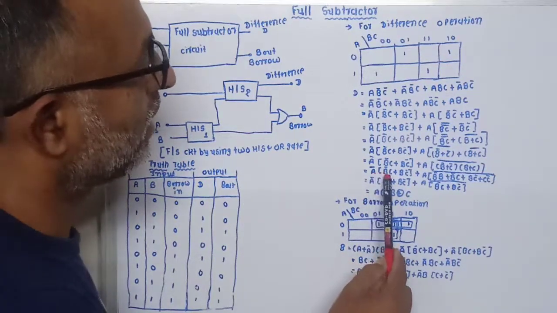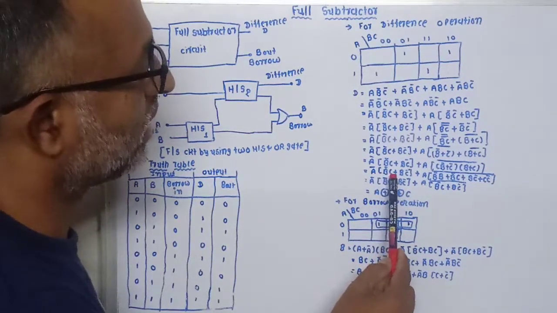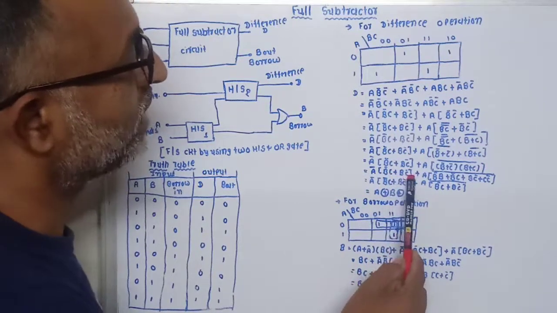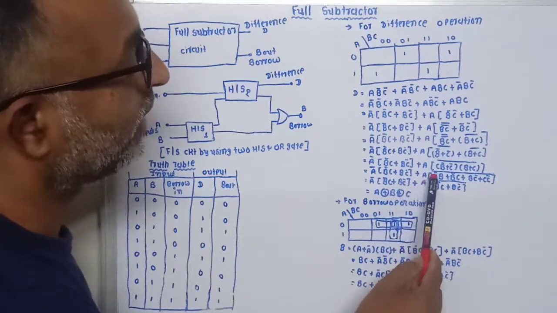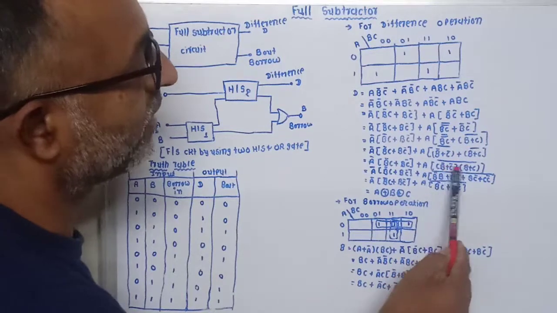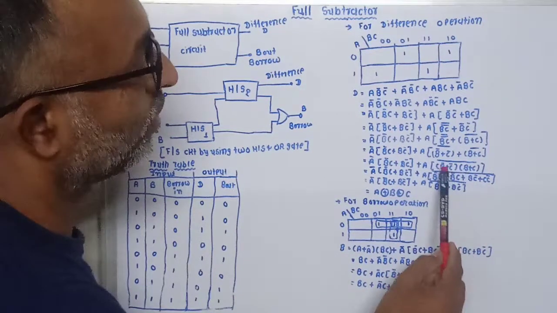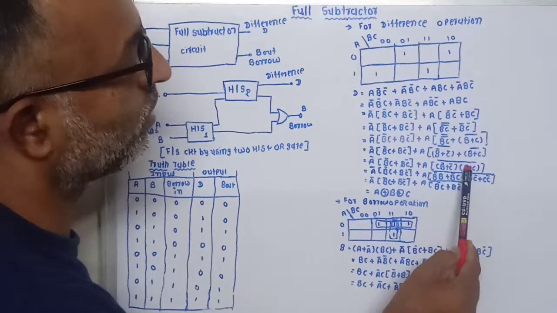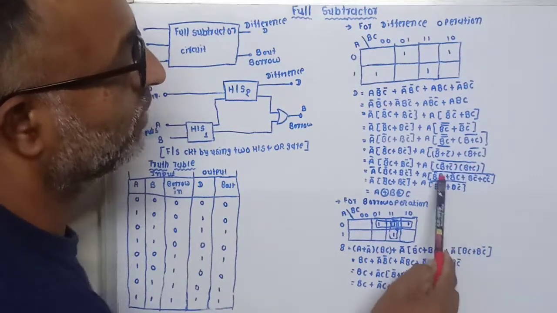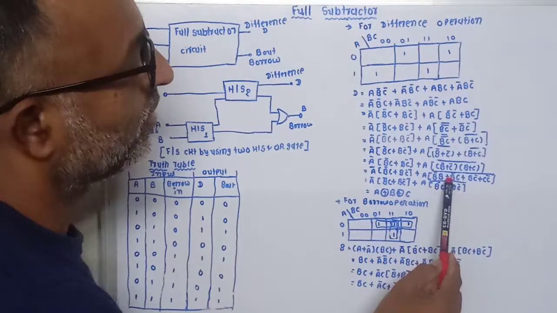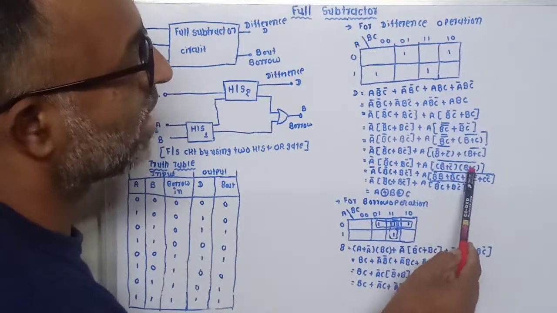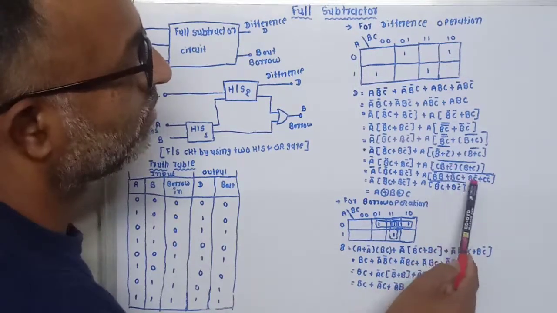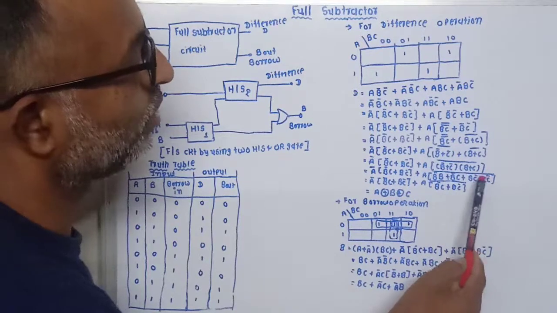Now next, A bar, B bar plus B bar C plus B C bar plus A. Now we can expand this. So this B bar is multiplied with this term, and C bar is also multiplied with this term. So we will get B bar B plus B bar C plus B C bar plus C into C bar.